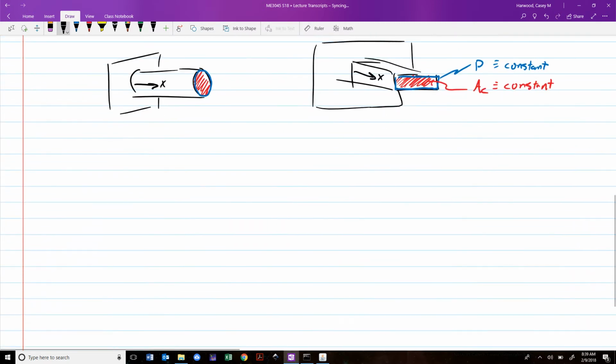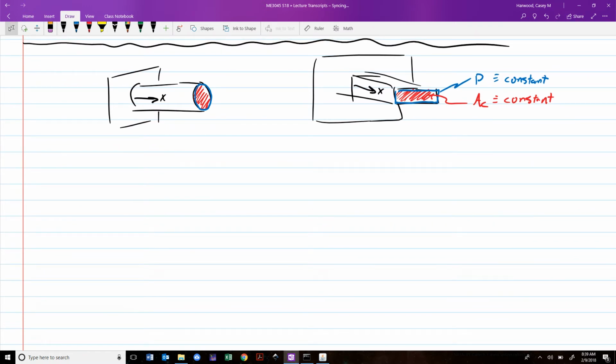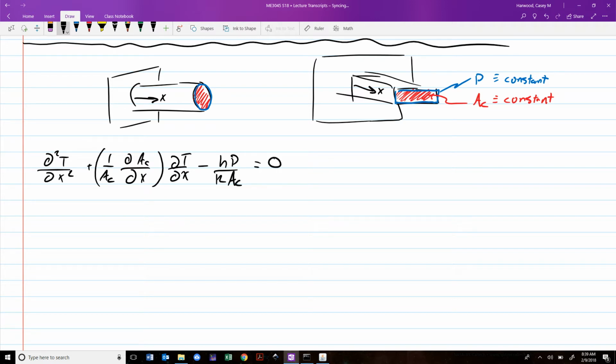In this case, if we're assuming that both of those are constant in x, then our fin equation, which I'll write one more time here, d squared T over dx squared plus 1 over A_c, dA_c/dx, dT/dx, minus hP over kA_c T equals 0. This allows us to make some advantageous cancellations.